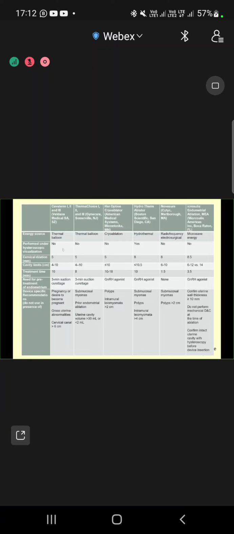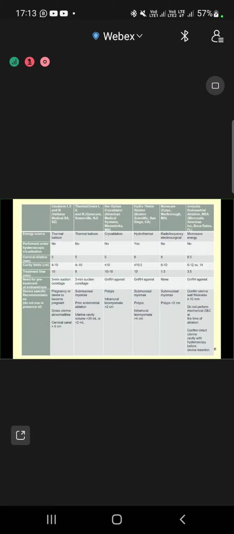Cervical dilatation up to 5 mm is adequate. The only thing is, the cavity should be more than 4 centimeters and less than 10 centimeters. The treatment time is 10 to 15 minutes. And usually no specific pretreatment is required. But if the endometrium is very thick, polypoidal, maybe you have to do the curettage.